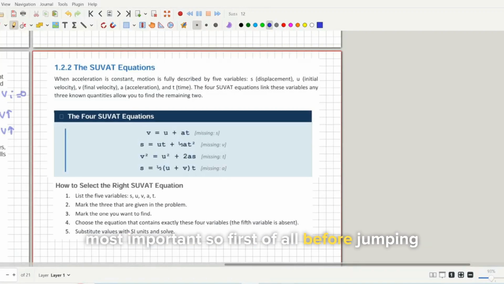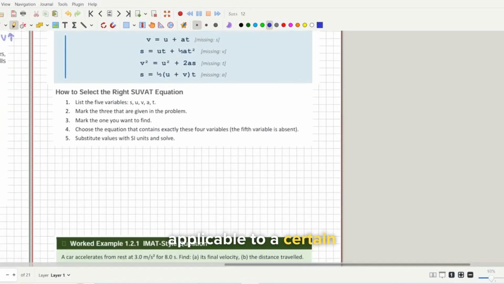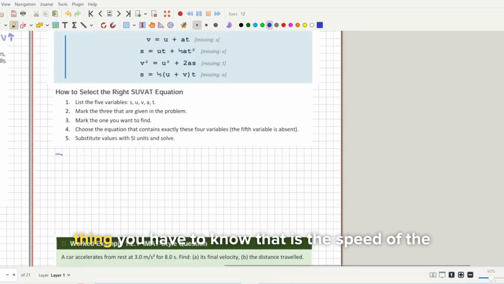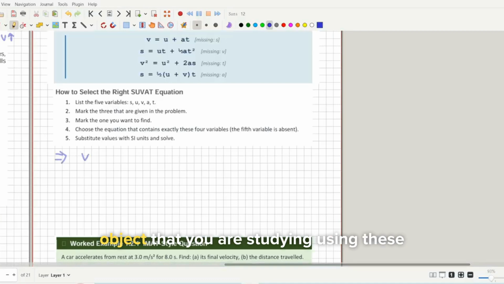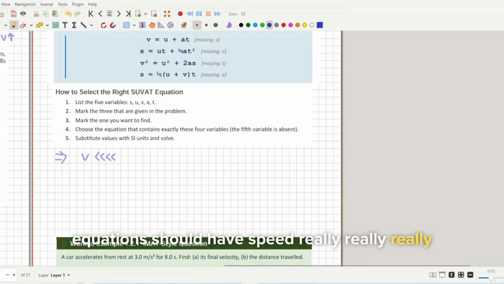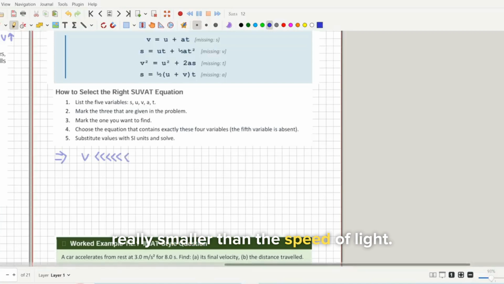So first of all, before jumping into the equations, we have to know the prerequisites for these equations. These equations are applicable only under certain prerequisites. The first thing you have to know is that the speed of the object you are studying using these equations should be really smaller than the speed of light.